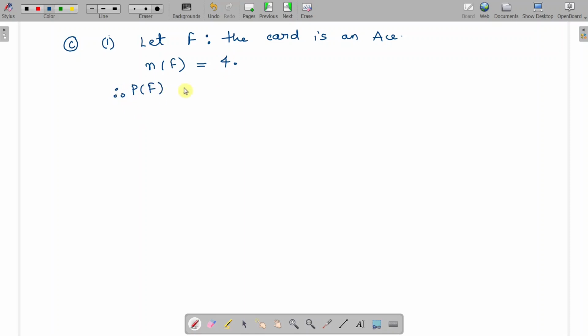Therefore the probability of F is equal to the number of elements in F divided by the number of elements in the sample space S. That is nothing but 4 by 52. So 4 1s are 4, 4 3s are 12. So 1 by 13.